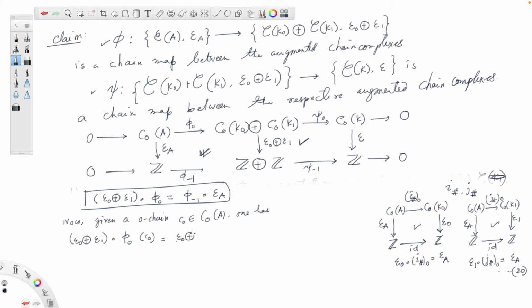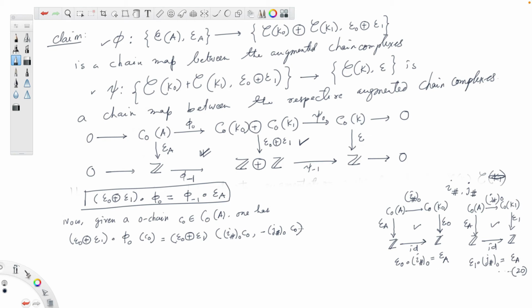So I leave the direct sum of these two augmentation maps as they are, and then apply the definition of phi p, taking p to be equal to 0, and that gives us I hash at 0 of c0, comma minus J hash at 0 of c0.